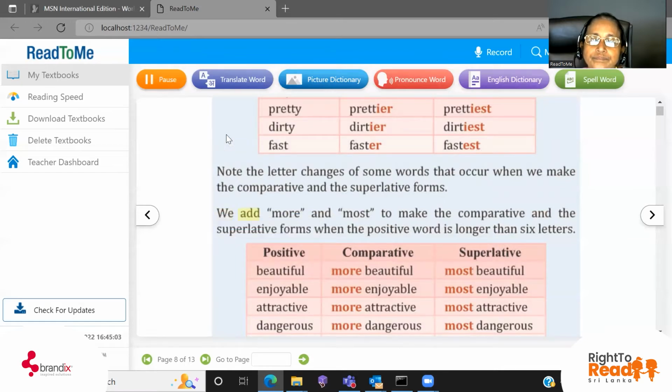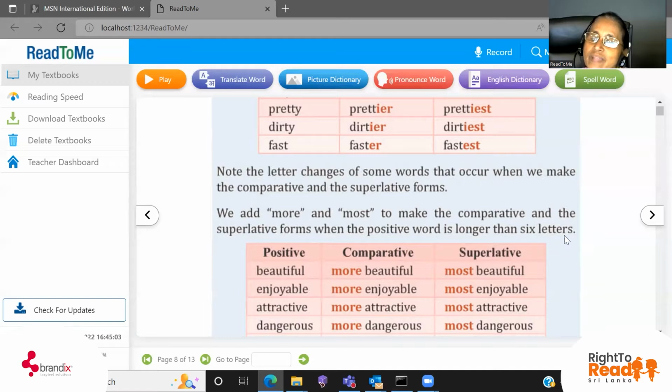We add more and most to make the comparative and the superlative forms when the positive word is longer, or, another way, the word has more syllables, like beautiful, enjoyable.